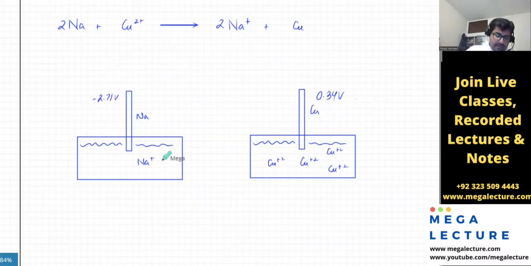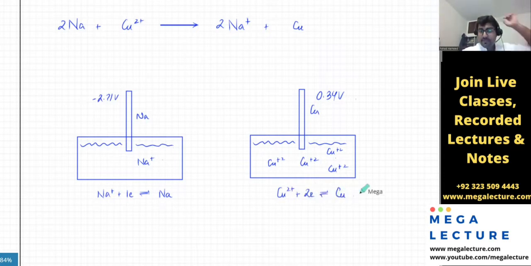This is what's happening over here. Na+ in equilibrium with Na. And you've got Cu2+ in equilibrium with Cu. So I've written both equilibriums that are going on.